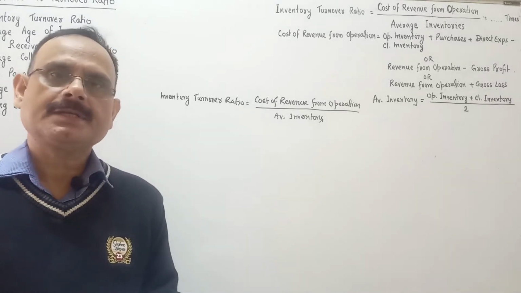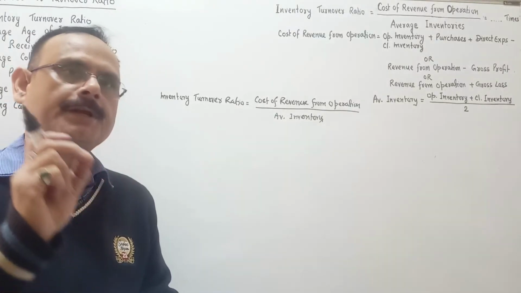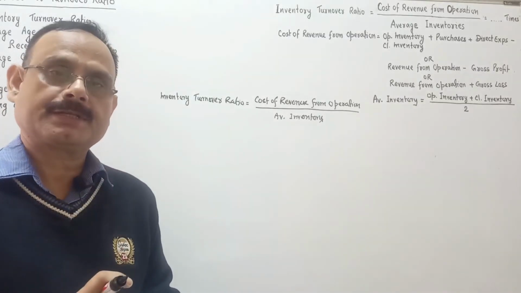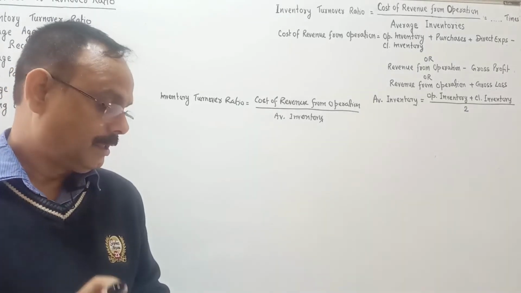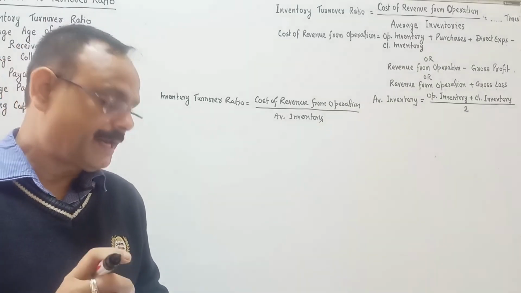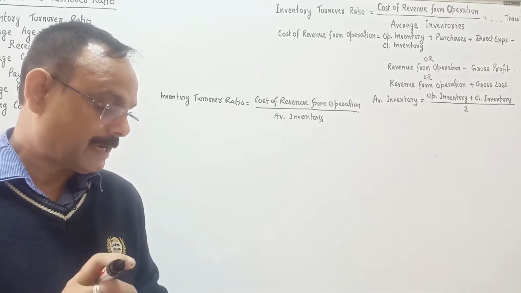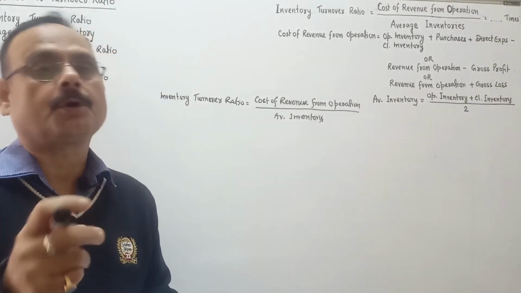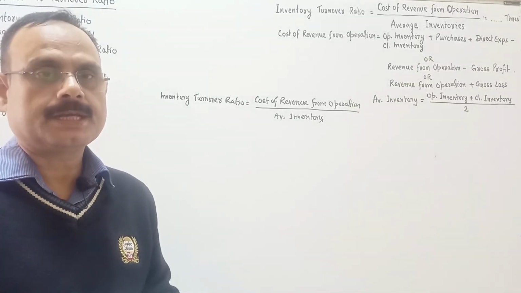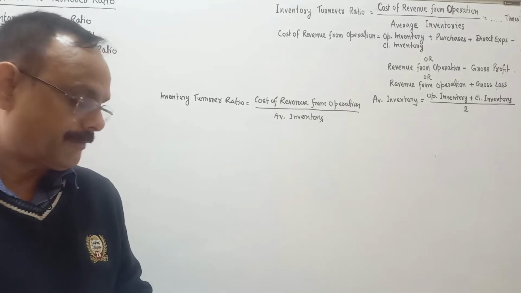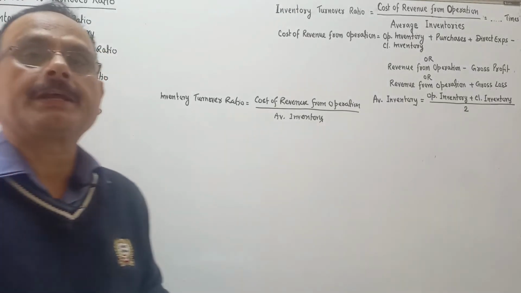Here the information is given: cost of revenue from operation, that is cost of goods sold; gross profit ratio is 20% on sales; closing inventory is 4 times of opening inventory, and opening inventory is 10% of cost of revenue.